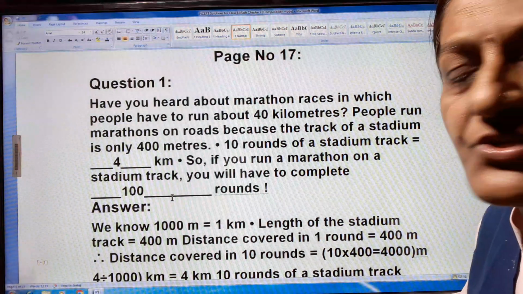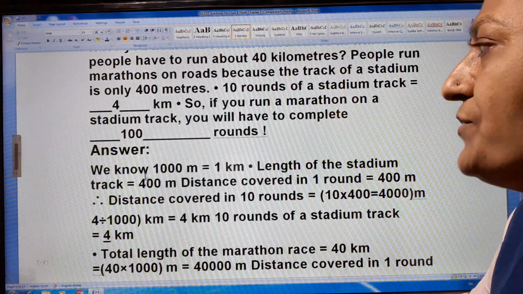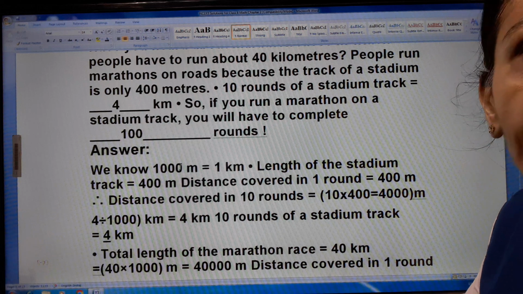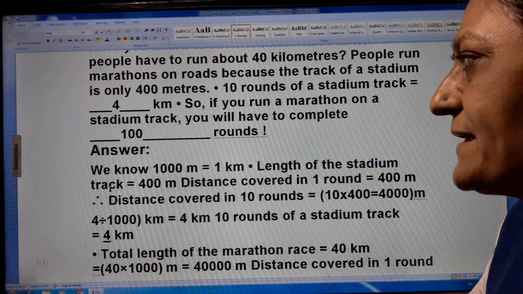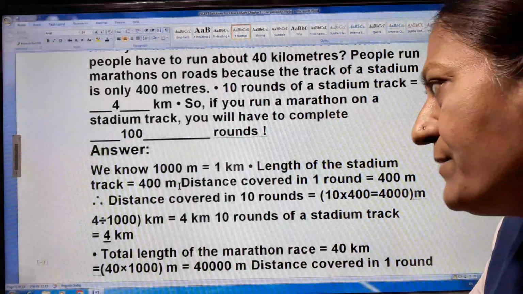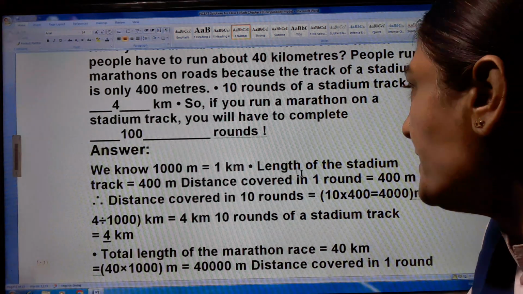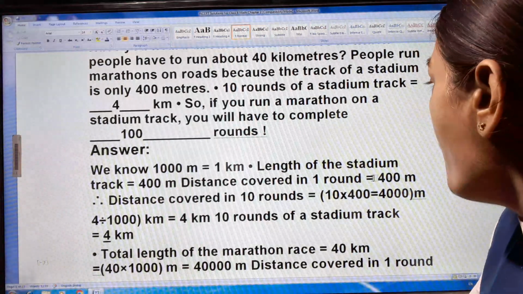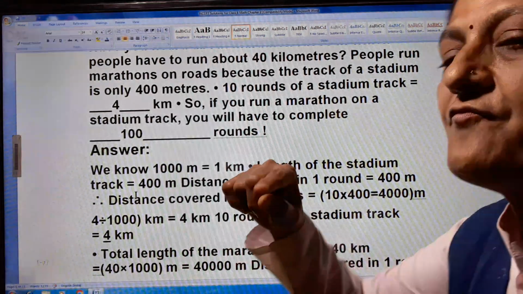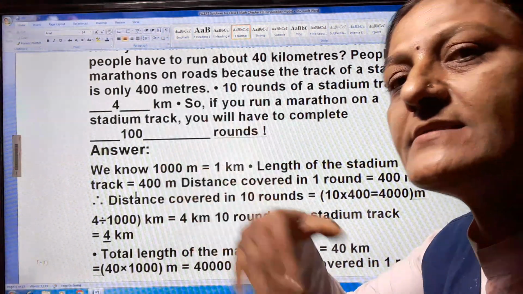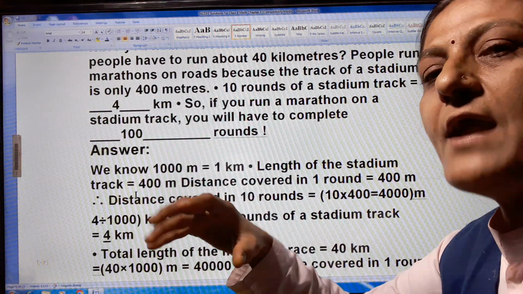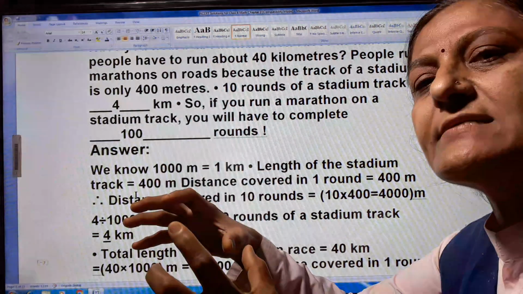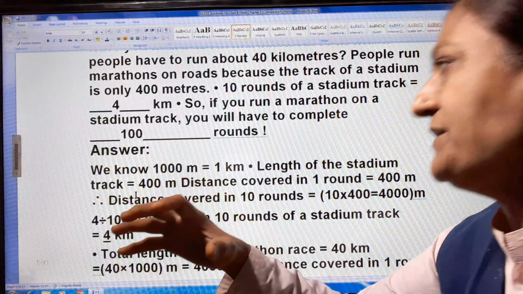So, here two questions are asked. First, we know 1000 meter is equal to 1 kilometer. Length of the stadium track is equal to 400 meter. And so, distance covered in one round is equal to 400 meter. We know that a stadium has a 400 meter distance, and when one round is made, then distance covered is 400 meter.